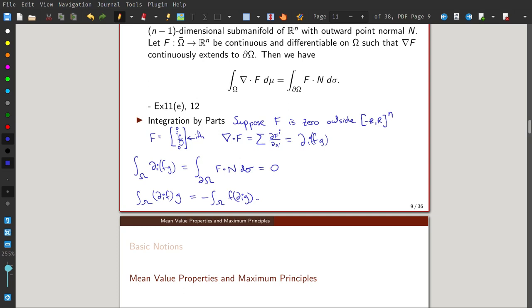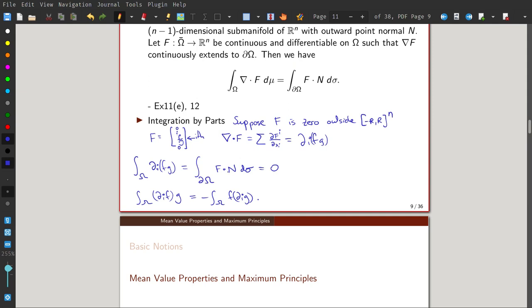Okay, and you can see if it's not 0 outside, then you would have an integral on the top and the bottom plane to evaluate. All right, because it would be 0 on any of the other sides of the box.